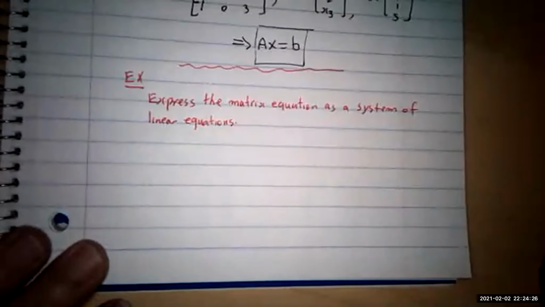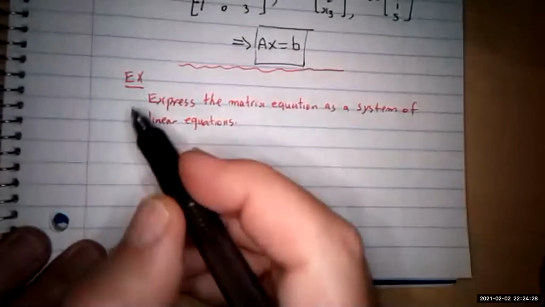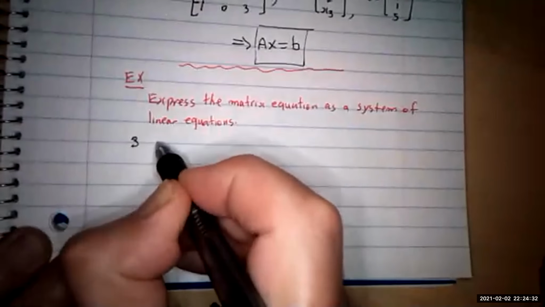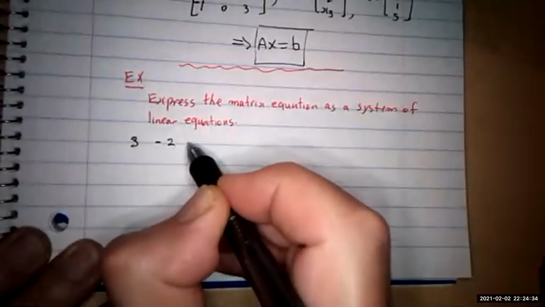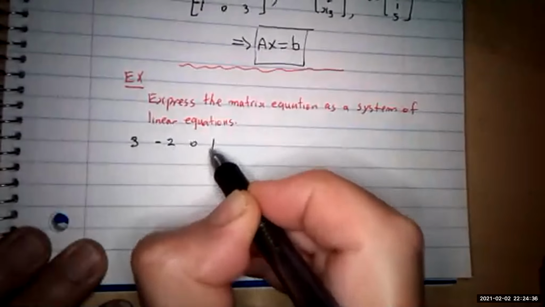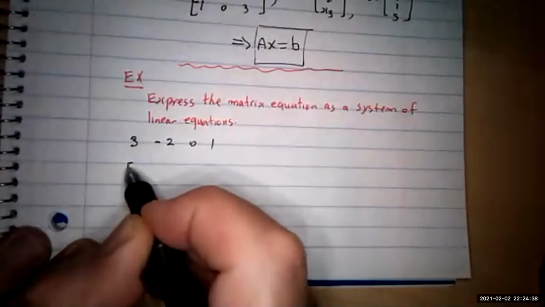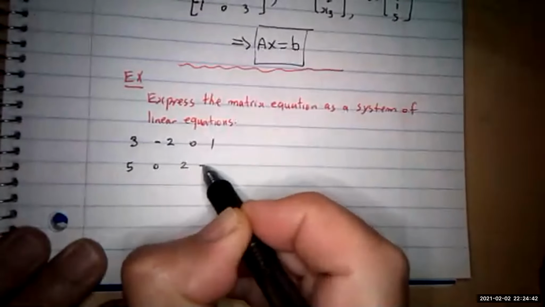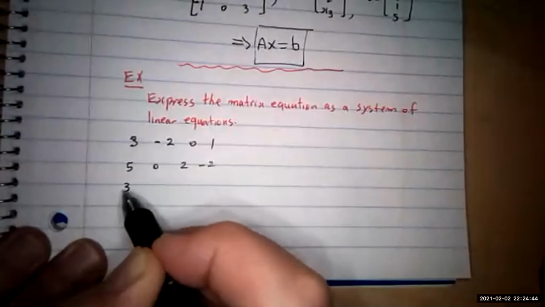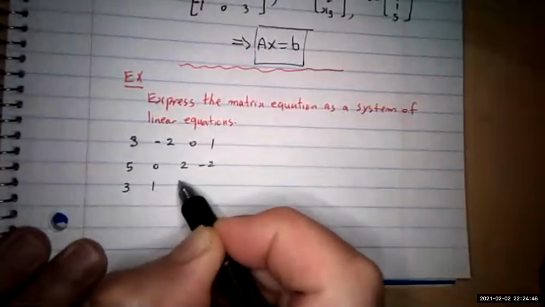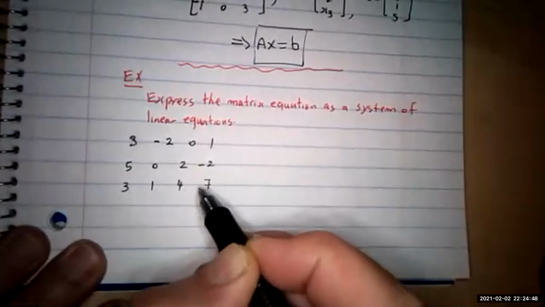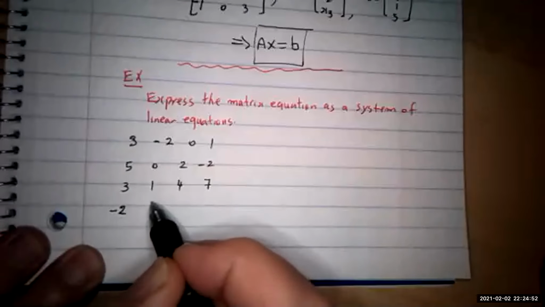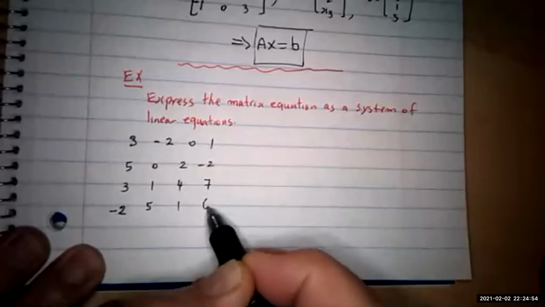This is given to you. You are going to have the rows 3, negative 2, 0, 1; then 5, 0, 2, negative 2; then 3, 1, 4, 7; and negative 2, 5, 1, 6.